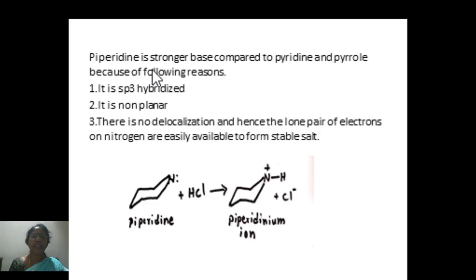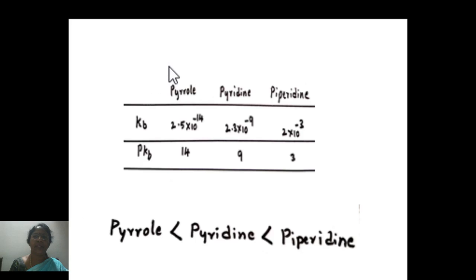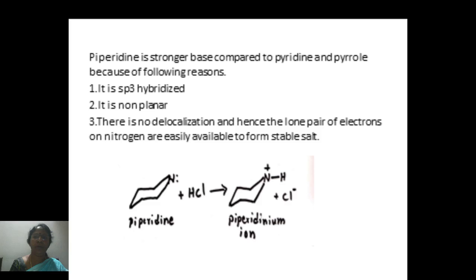Piperidine is another heterocyclic compound, and in case of pyrrole and pyridine, the ring atoms are sp2 hybridized and planar, whereas in case of piperidine, the ring atoms are sp3 hybridized.